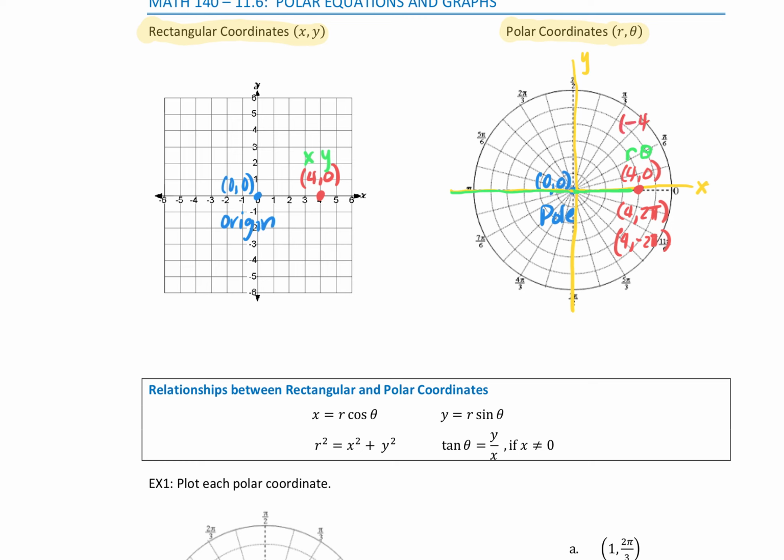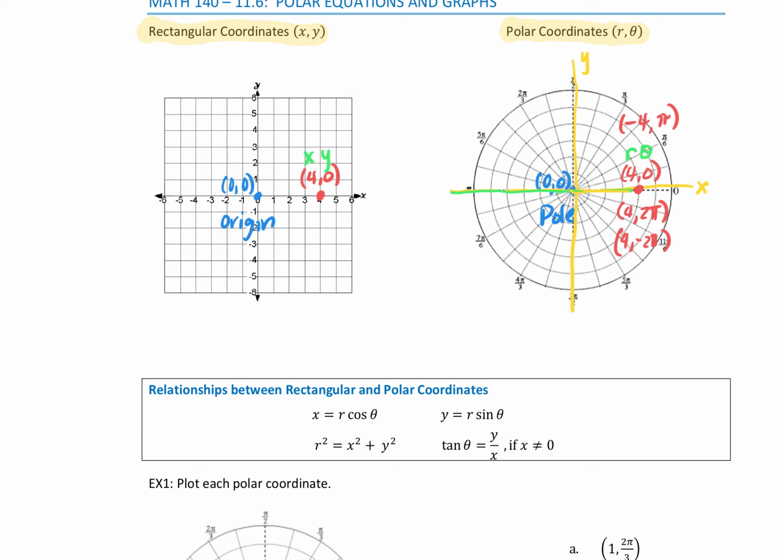If you have negative 4 for r and say pi, then that means you're going to go to pi, but instead of going 4 units towards pi, you're going to go 4 units in the opposite direction. So you would actually be going the 4 units towards 0. Okay, so a negative r means you go in the opposite direction of your angle. A positive r means you're going in the same direction as your angle.